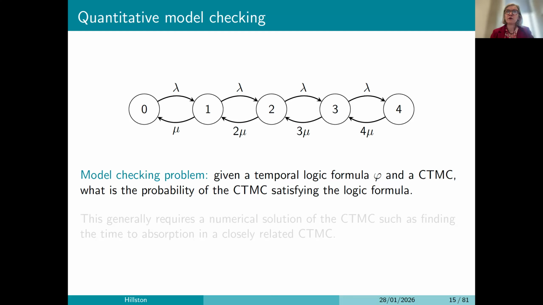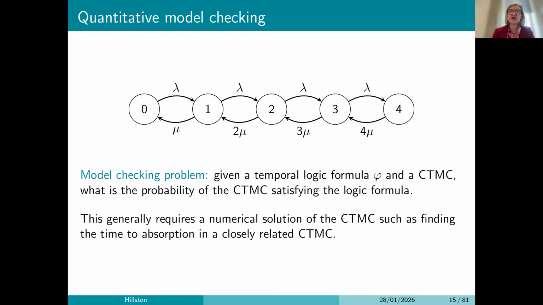So, for example, we might want to express the property that within 10 time units, we reach a state where the service level is 3 mu or higher. So we're reaching the states 3 or 4 within this CTMC. So generally, this will require a numerical solution of the CTMC.